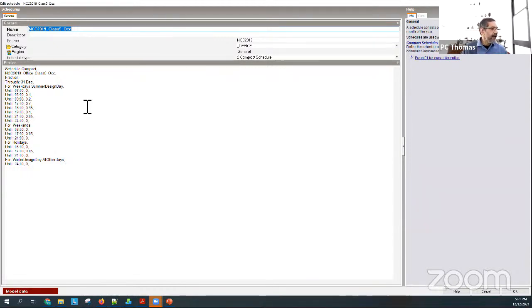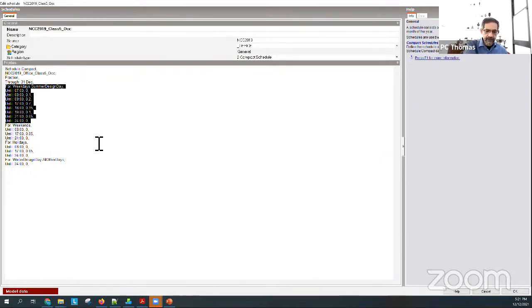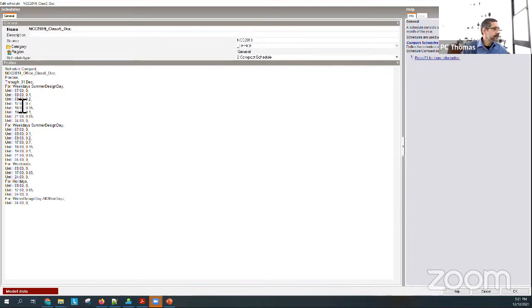So what we can see here is that I have applied that for weekdays and summer design day. And actually for the summer design day, I would like this to be 100%. So what I'm going to do is make another block. I'm just going to copy that block there and paste it in there as well. Now I've got 2 blocks.